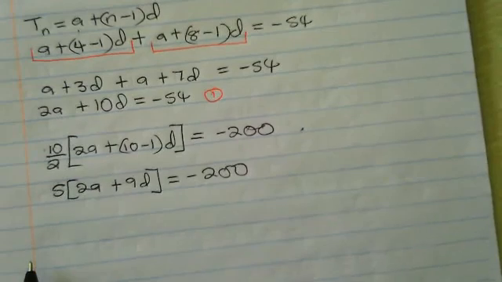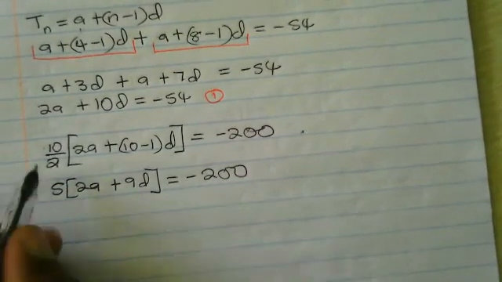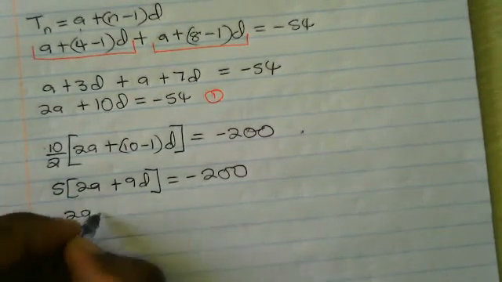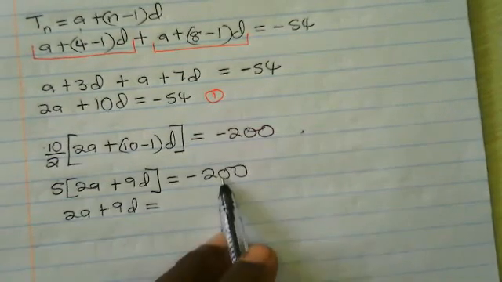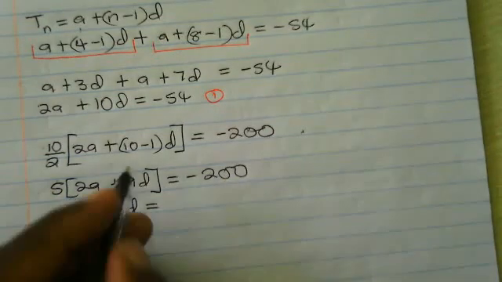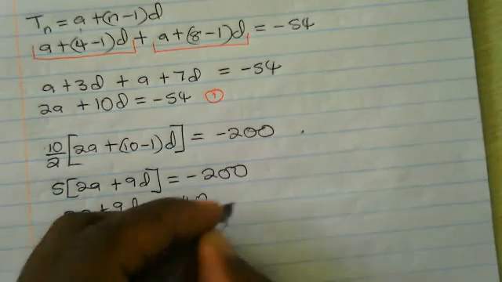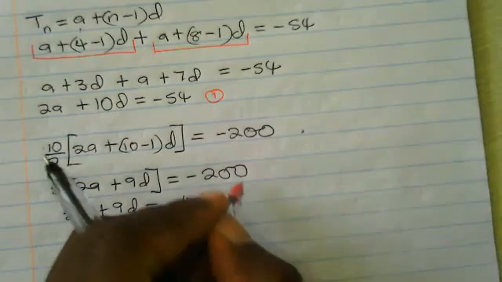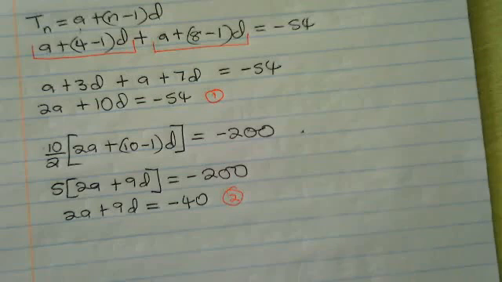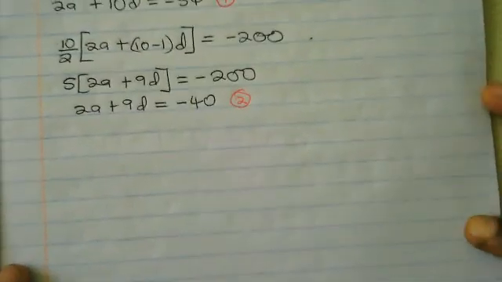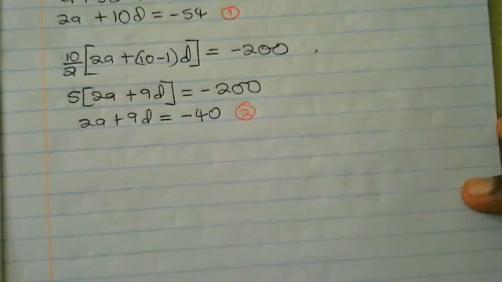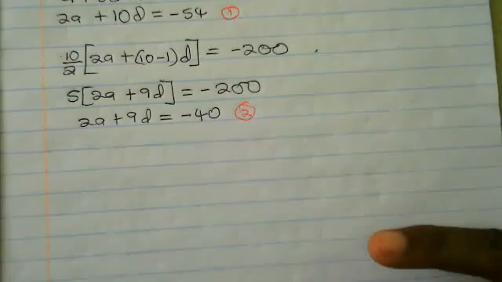Then we can divide both sides by 5. We have 2a plus 9d is equal to negative 200 divided by 5. We get negative 40, and this is the second equation. Now we need to solve the two equations simultaneously.